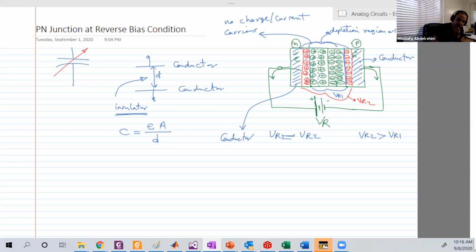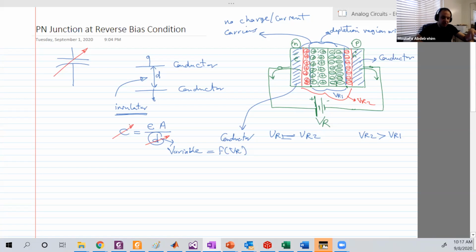And since in our case, with this junction, I can control the distance between one conductor and the other, which is the depletion region width, this is variable. It's a function of the reverse bias, or the reverse input voltage. That's why this can be changed, and in turn the capacitance will be changed.